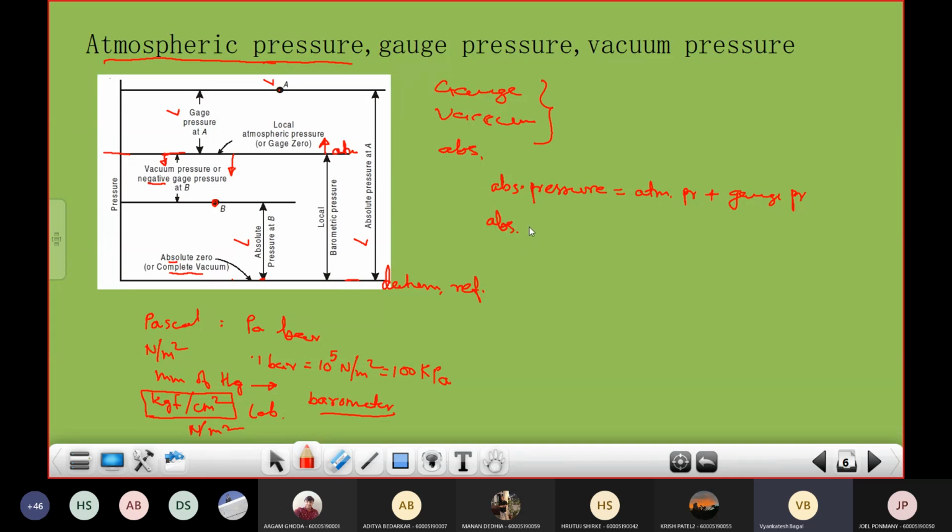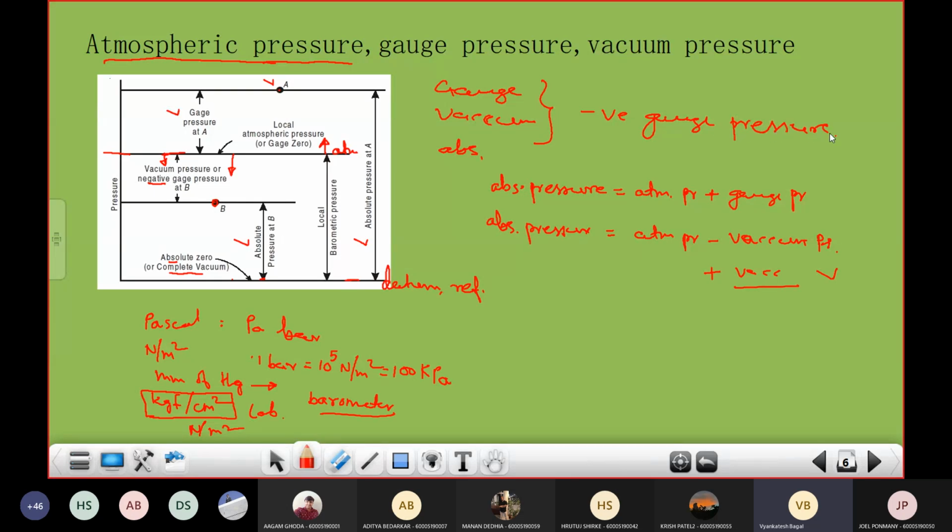Now what about point B? So at point B, the absolute pressure is again equal to atmospheric pressure minus this vacuum pressure. Or if I write only plus vacuum pressure, then you should remember that vacuum pressure is a negative pressure, negative gauge pressure.